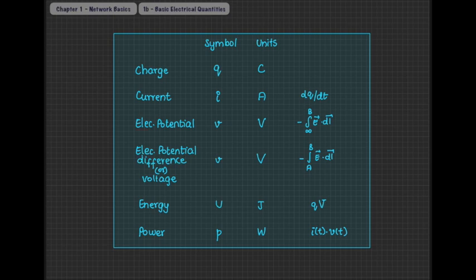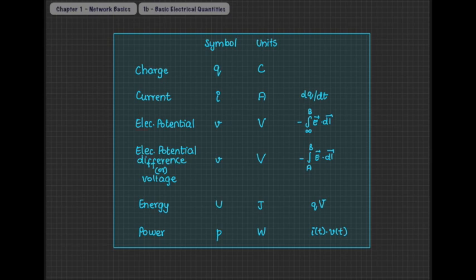Electric potential, we discussed it. It is the work done in moving a unit charge from infinity to that point. Its symbol is V, and the unit for it is the volt. The equation for it came to be minus integral from infinity to that point of E vector dot dl vector.